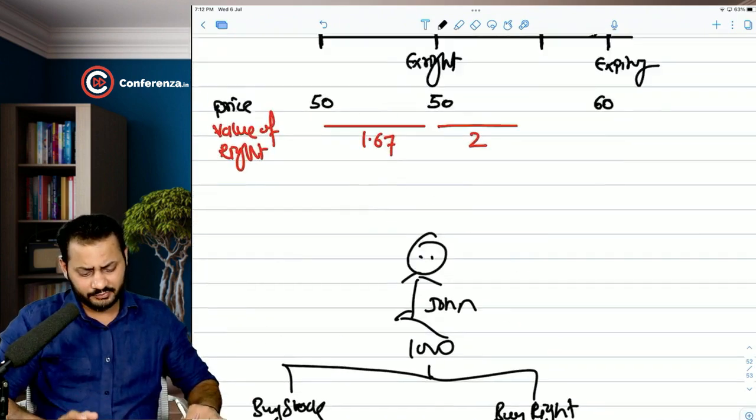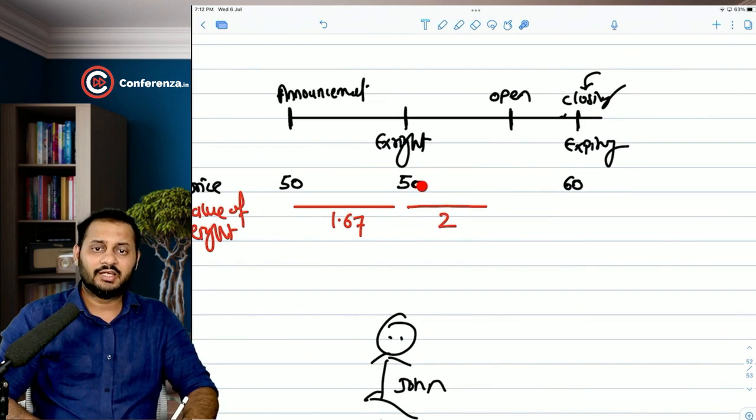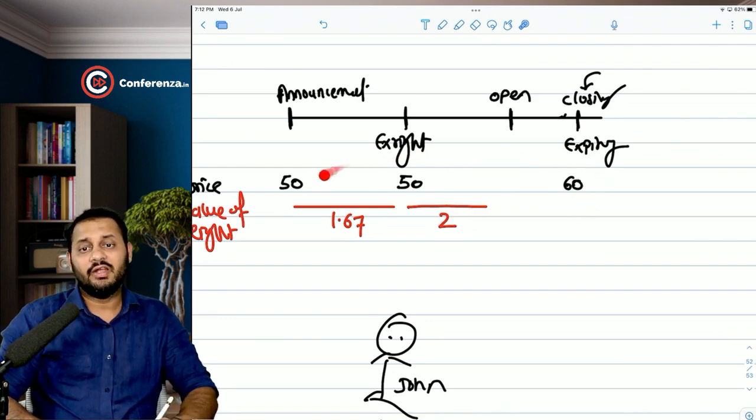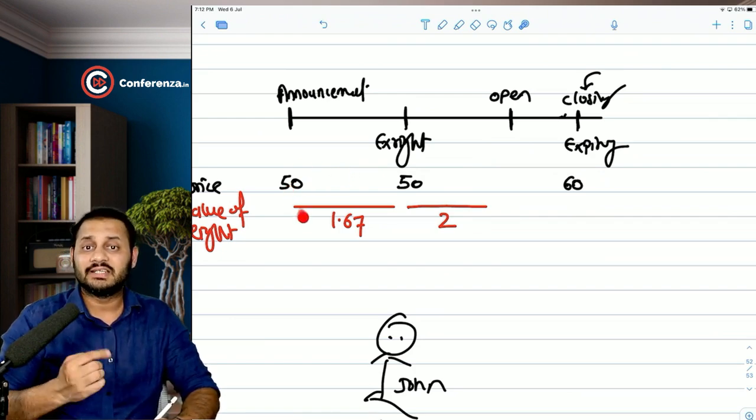And it is very simple. When you were here, you calculated the rights value as 50 minus 40 divided by 5. When you are here, you will calculate it the same way, 60 minus 40 divided by 5. When you were here, you were calculating it as 50 minus 40 divided by 6. Why 6?